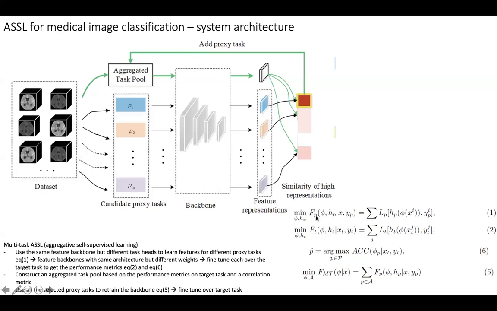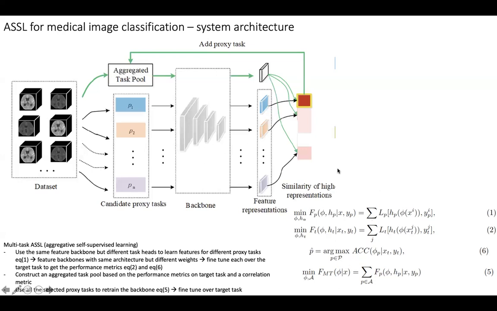In this process, we will fine-tune the feature backbone and the target task head, and the model will finally be evaluated on the target task.